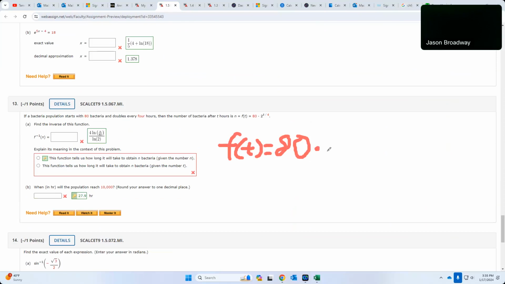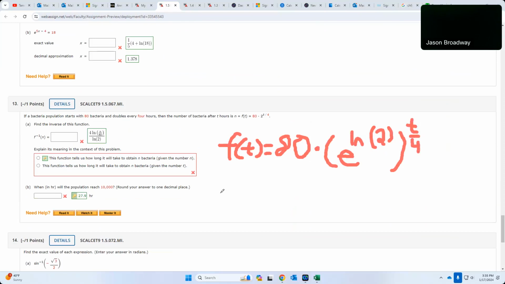Now, that's all well and good, but let's just go ahead and call it what it is. Let's turn 2 into e to the ln 2. I'm going to sort of go backwards, right? I'm going to turn 2 into e to the ln 2, and then put my t over 4 out here.